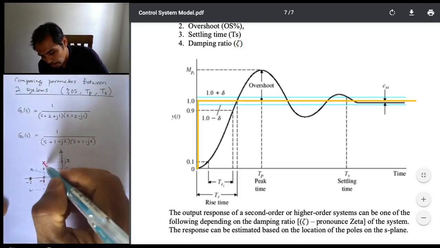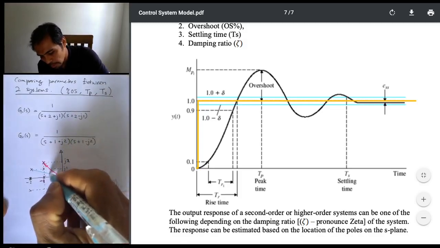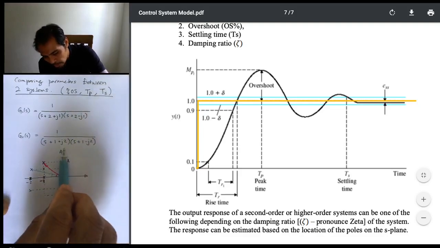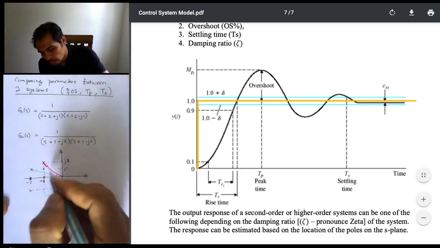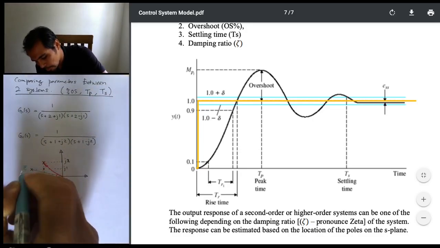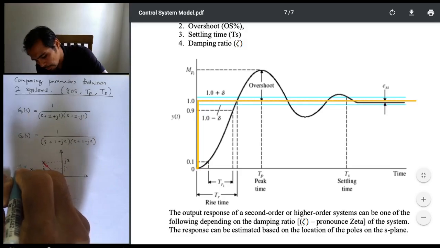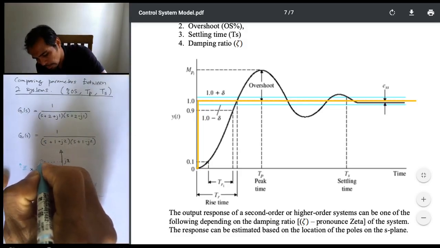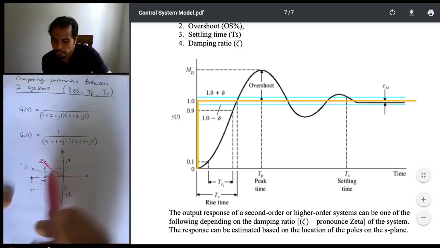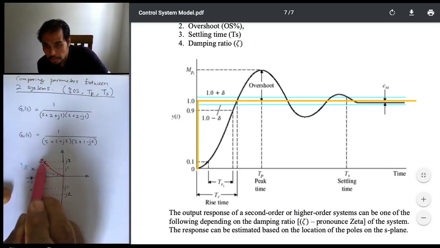This one has higher zeta, because as the point moves towards this axis, the zeta is going to 0. So this zeta is higher than this zeta.